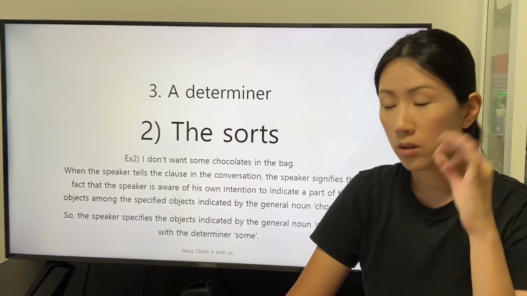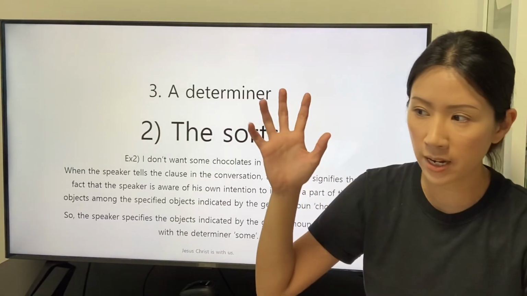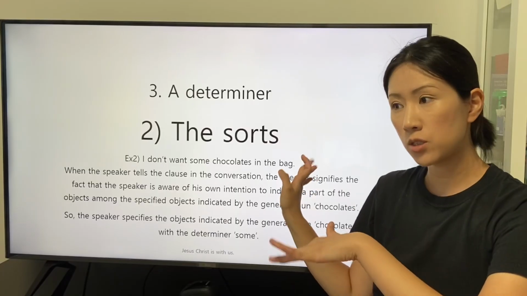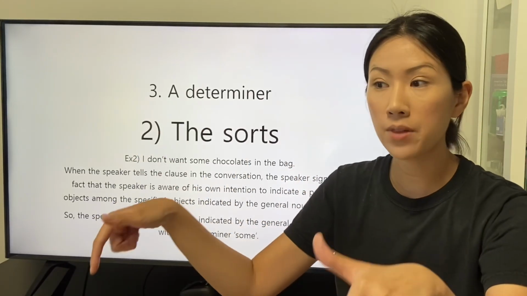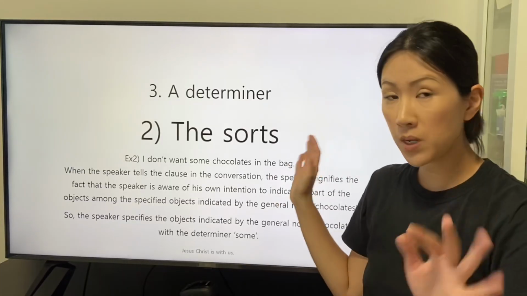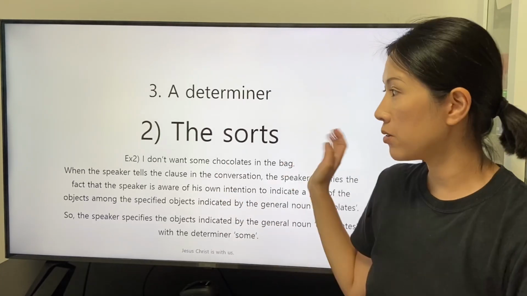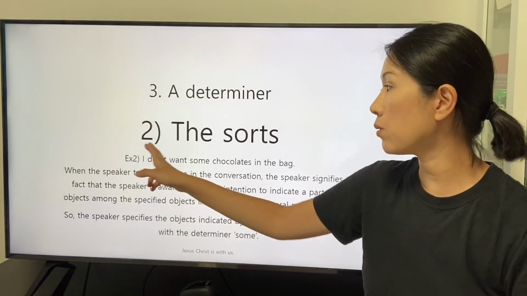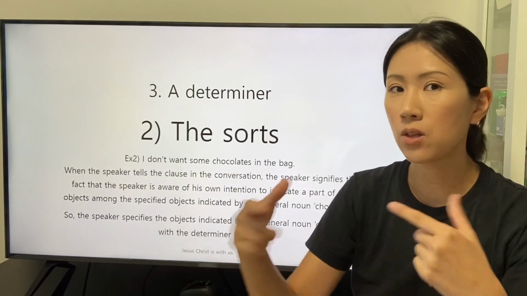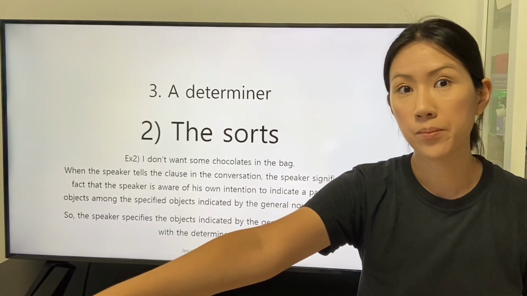We can understand that the speaker focuses on the entire object before the focus of the speaker is specified into a part of the object. And the speaker who states this clause, I don't want any chocolates in the bag, no matter what's inside the bag, does not want the chocolate in the bag.